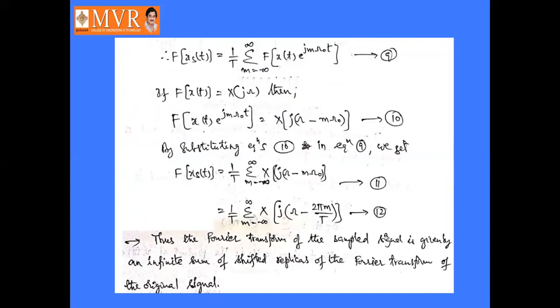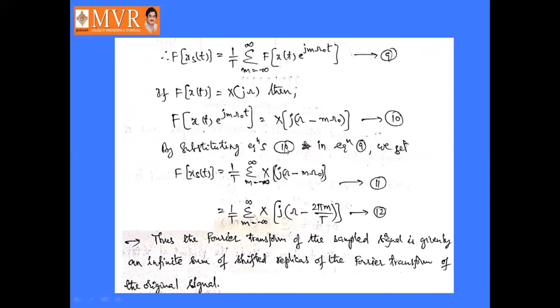Therefore, the Fourier transform of xs of t is equal to 1 by T into sigma m is minus infinity to infinity Fourier transform of x of t into e power j m omega naught t. That is equation number 9. If the Fourier transform of x of t is X of j omega, then the Fourier transform of x of t into e power j m omega naught t is equal to X of j omega minus m omega naught.